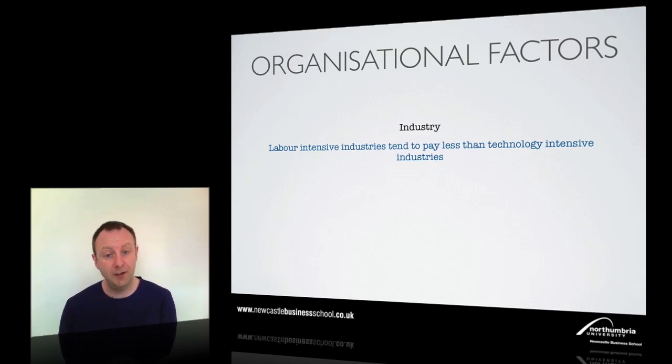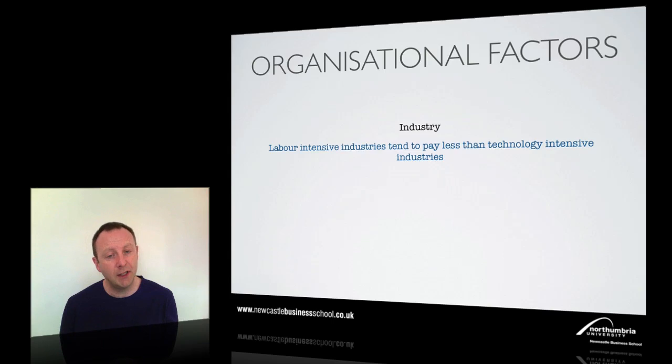Labour-intensive industries tend to pay less than technology-intensive industries. We can think of some very obvious examples like textile, food production, personal services industries, very labour-intensive industries that tend to pay much less than technology-intensive industries like the high-tech sector, creative industries, those kinds of firms. So all industries aren't the same.